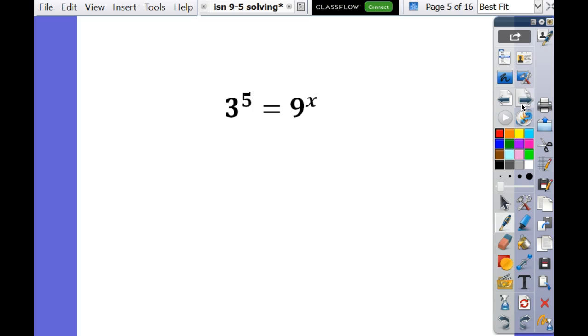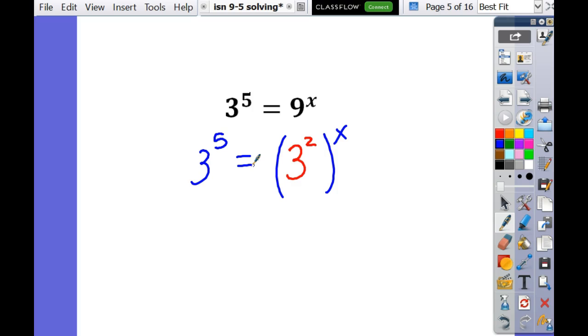Do you know that 9 is equal to 3 squared? And so I can replace the 9 with 3 squared because they're equal. I still have the power of x. Over here I still have 3 to the 5th power. Now do I have bases that are equal? Both of the bases are 3.